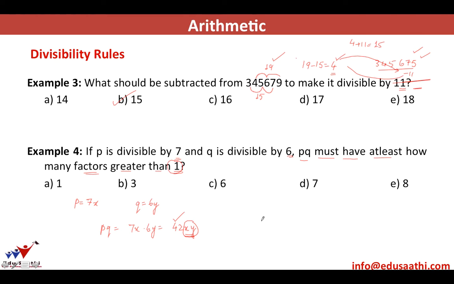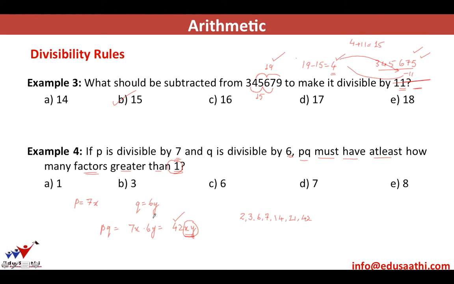So if I try to do the prime factorization of 42, 42 is divisible by 2, 42 is divisible by 3, it is divisible by 6, it is divisible by 7, it is divisible by 14, it is divisible by 21, and it is divisible by 42.